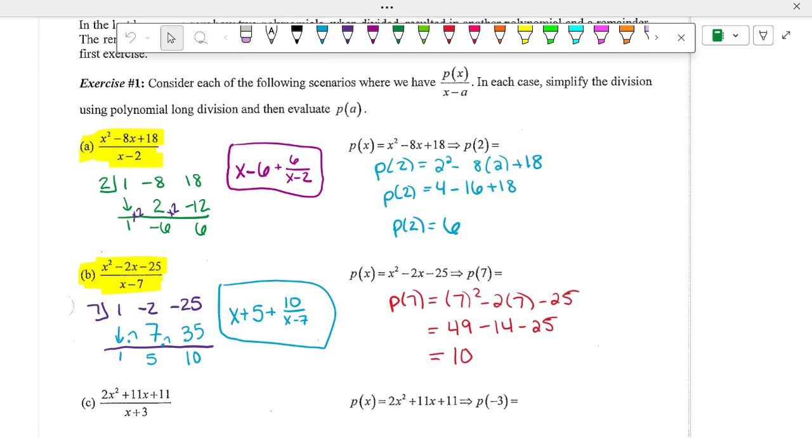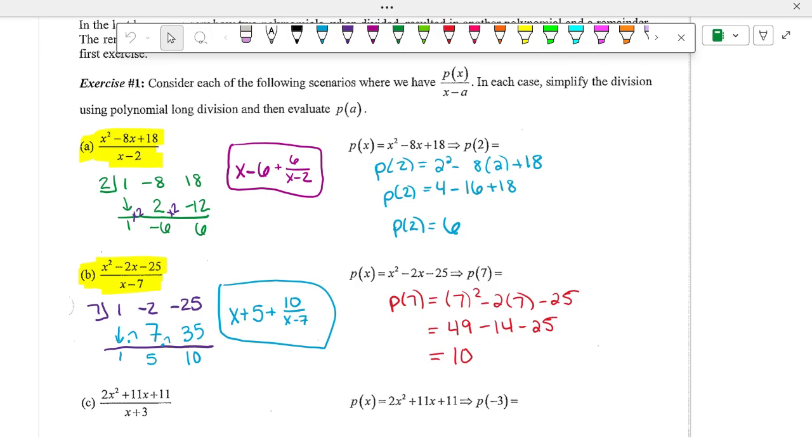Can anyone tell me what a factor actually is by definition? To give you guys a hint, 5 is a factor of 25. Right, it's a value that can divide evenly into another value. So if it divides evenly, that means it has a remainder of what? 0.